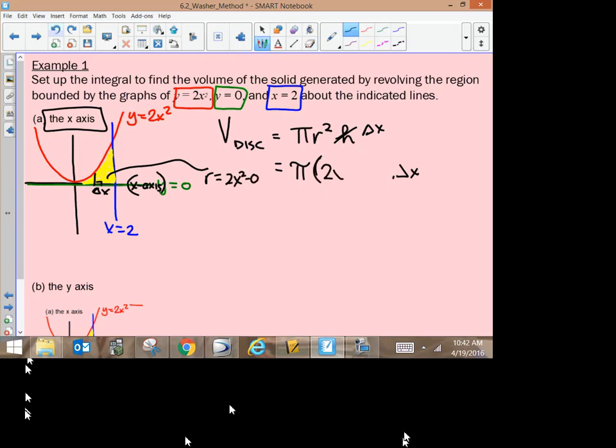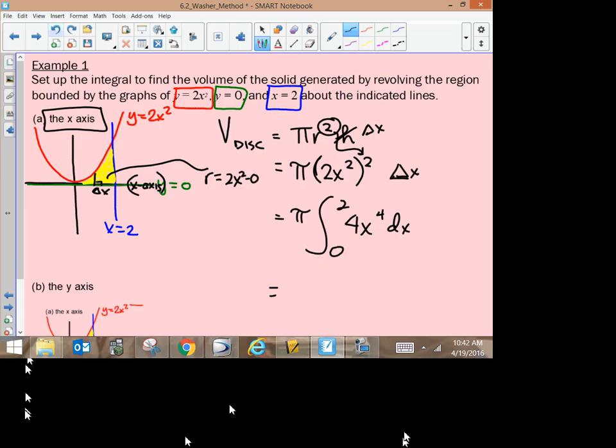And don't forget to square, because that's in this formula. All right, we're ready for an integral. What's 2x squared, squared? 4x to the 4th. And now we've got to get our boundaries. On x, we're going sideways here. I'm pretty sure it's 0 to 2. Let's stop at 2. So that's easy.